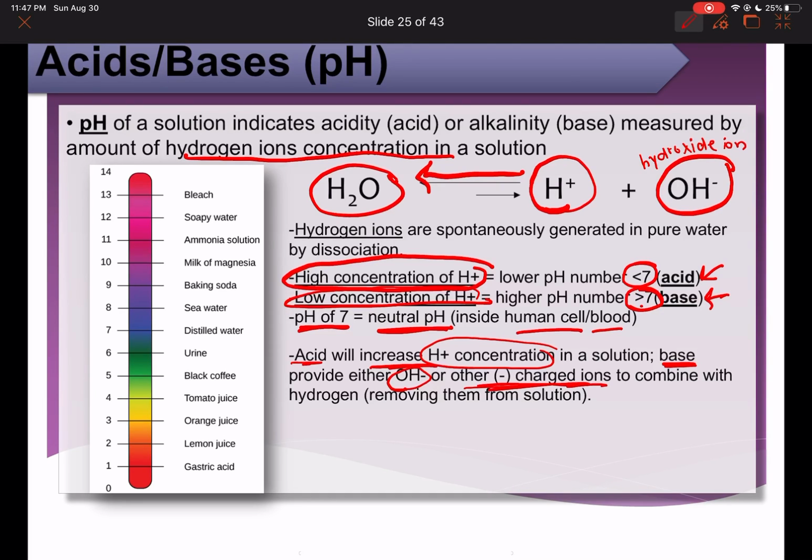Okay, so it doesn't have to be hydroxide ions that a base is providing. It can be bicarbonate ions, which we write as HCO3 minus, so that kind of negative charge, some sort of negatively charged ions that will be able to sequester those extra hydrogen ions in a solution is what makes it a base.